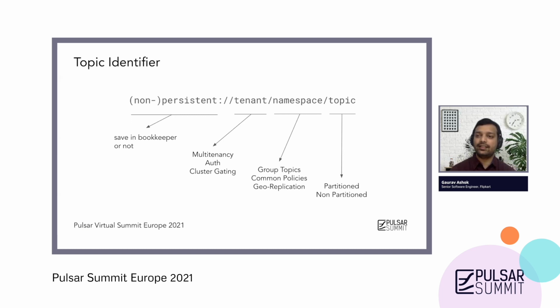It's a way of doing multi-tenancy and cluster gating. And once the tenant is created, you can create your namespaces and specify the exact list of replicating clusters. The topics under that namespace will automatically start replicating across the mentioned clusters.